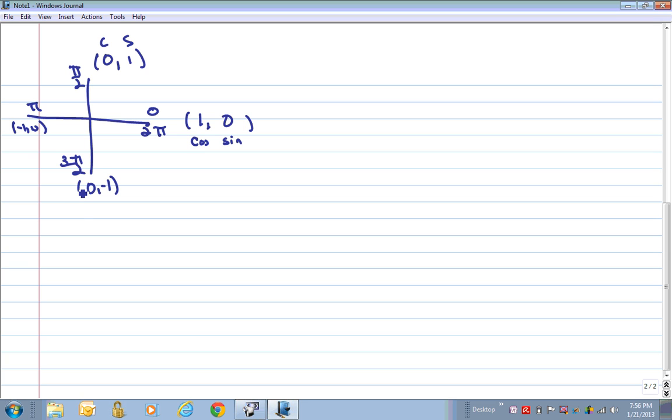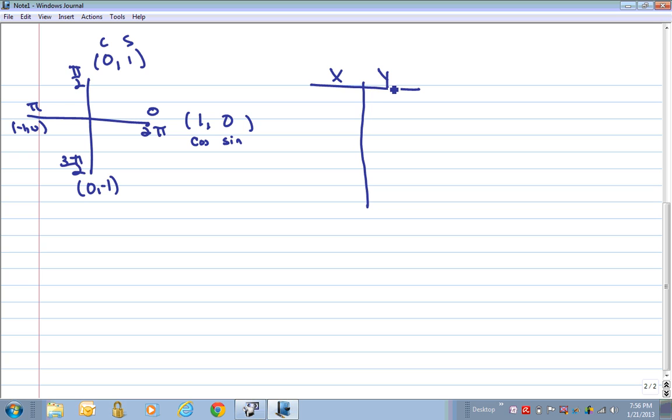I know you're familiar with all this, but I want to show you how this relates back to our graph. So let's make a table for our graph of our parent function, and we're going to start with our sine parent function. So we have an x, and then we have a y value.